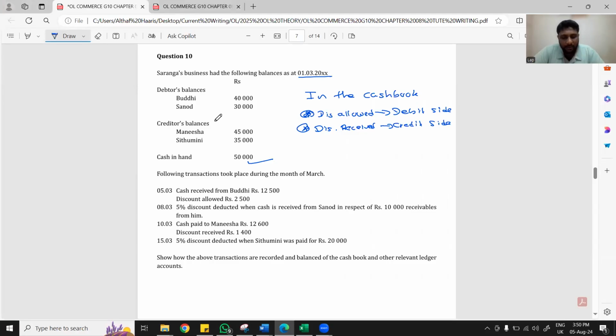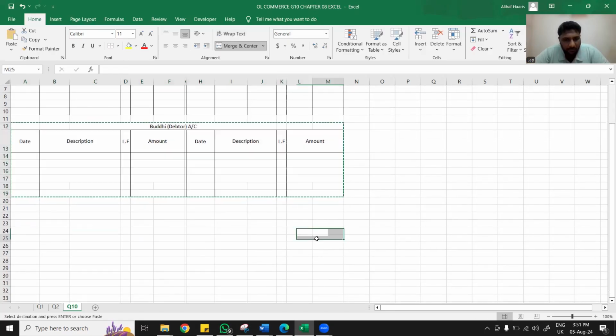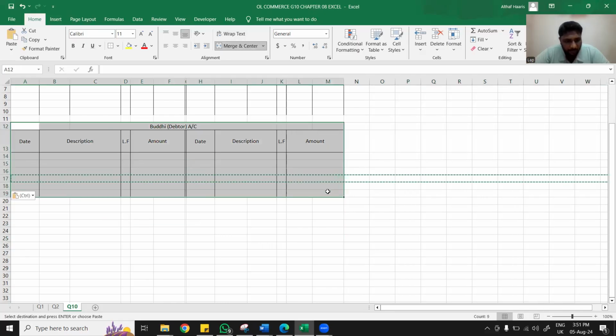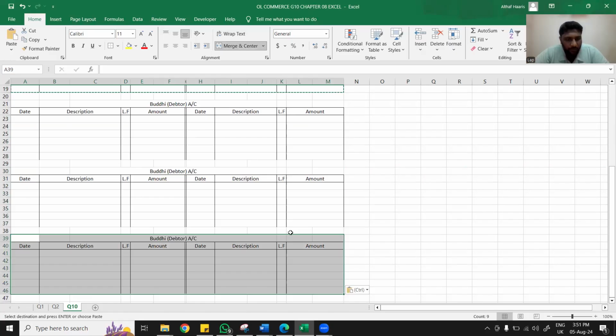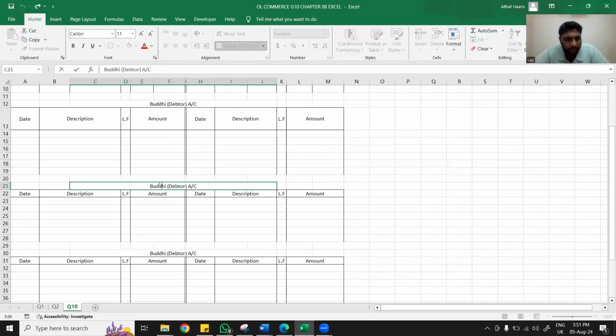So let me mark this one as Buddhi's account. And next we have Sanod, a debtor.